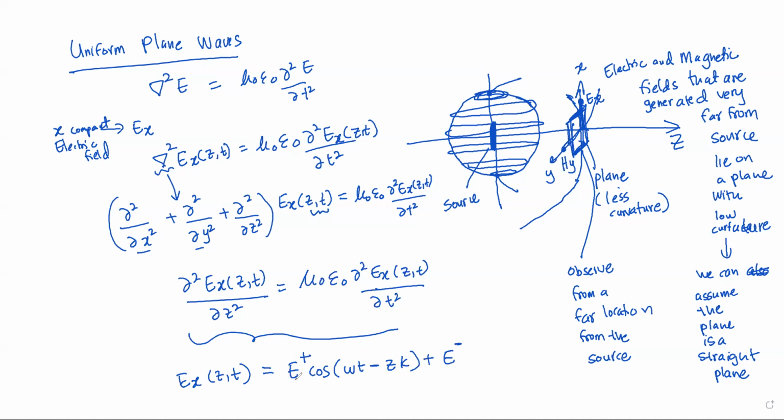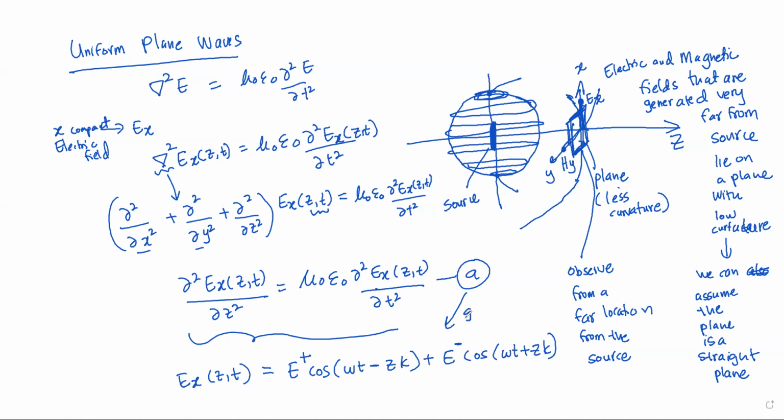The electric field which is moving forward is given by E plus, and the electric field component which is moving backward is given by E minus.